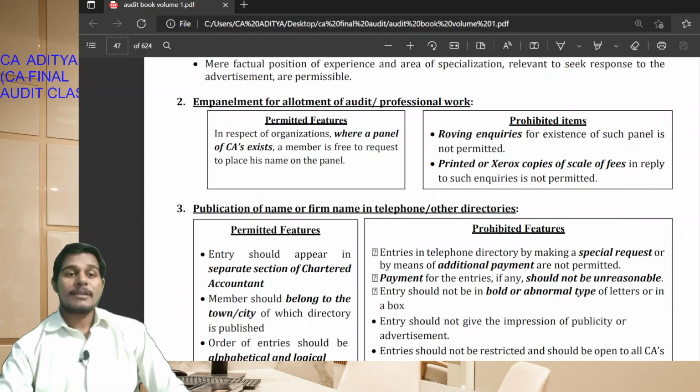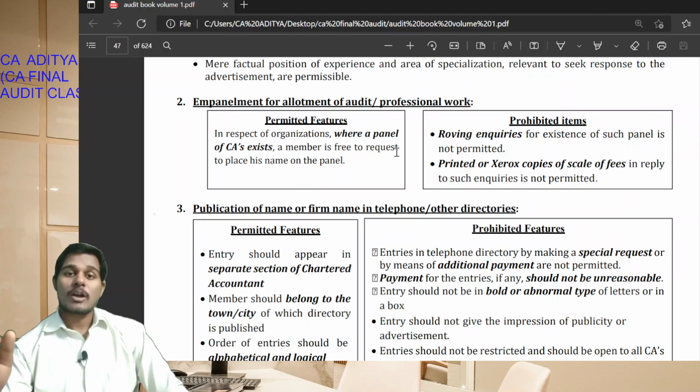Empanelment for allotment of audit or professional work. Permitted features. In respect of an organization where a panel of CAs exists, a member is free to request to place his name on the panel. See students, a chartered accountant can ask whether a panel exists. He should already know a panel exists and he can ask to include his name in that panel.